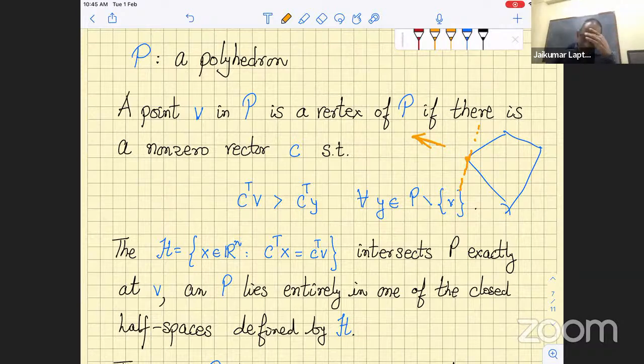Let me say that again: if you find a hyperplane which has the polyhedron entirely to one side, and the polyhedron and this hyperplane have only one point in common, that point in common will be called a vertex of the polyhedron. So this is a definition.